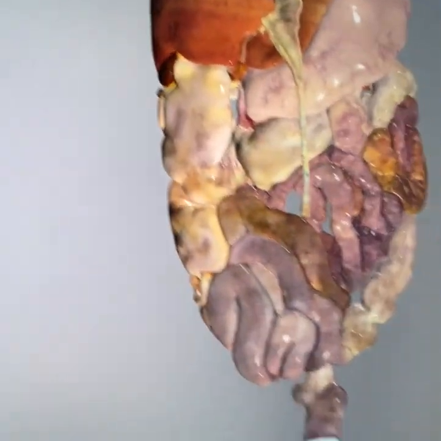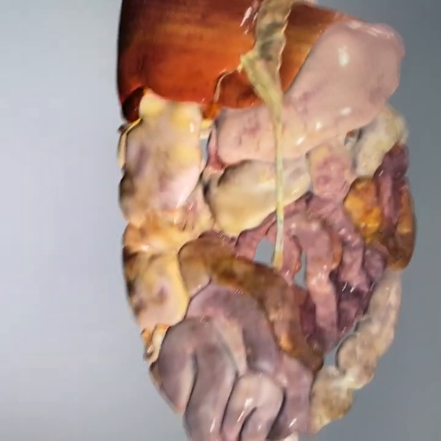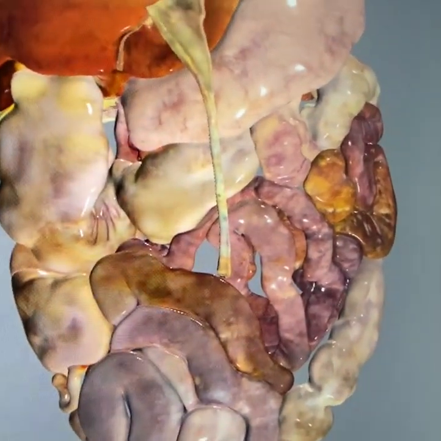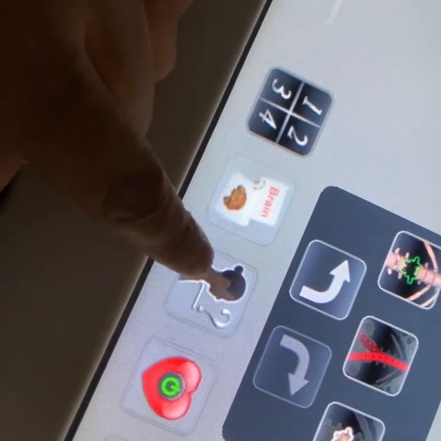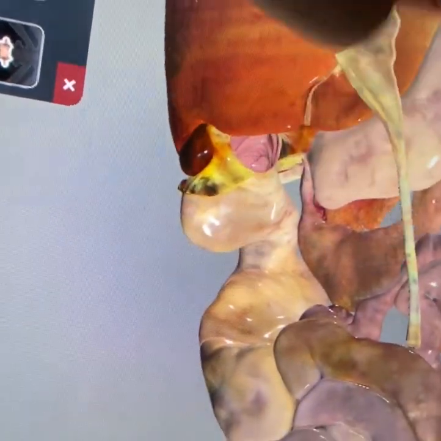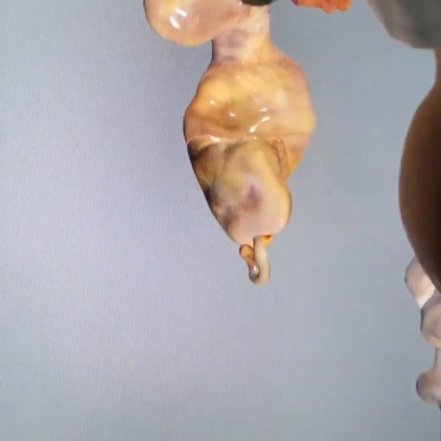So if we remove all these parts to get at the lesser omentum and the other, we use this tool. Let's remove some of these things. And remember, this patient died of gastric CA.